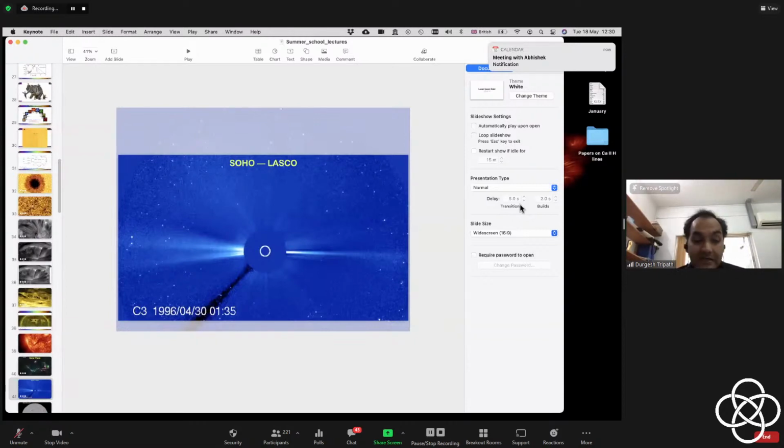The second question relates to the direction of the magnetic field, right? You can infer the strength of the magnetic field just by looking at how much the line is splitting. But the direction you can find by doing polarization measurements.